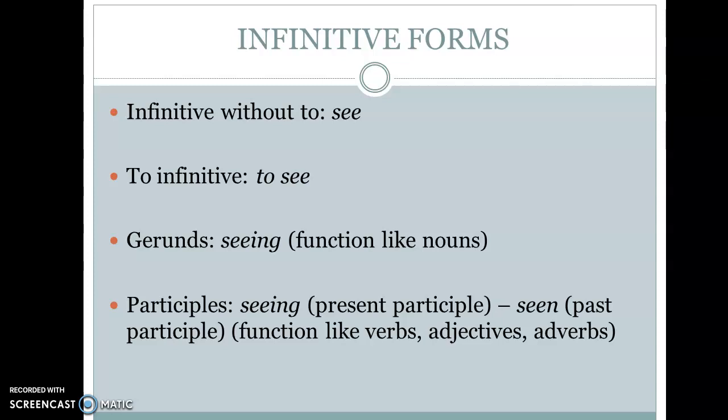We've got the infinitive without to, such as see; the to infinitive, to see; gerundial forms with ing at the end, such as seeing, which function like nouns. We're going to deal with this later on. Participial forms, present and past, seeing and seen, function like verbs, adjectives, or adverbs.